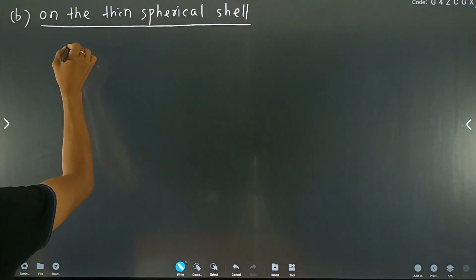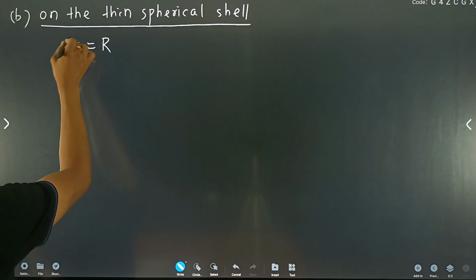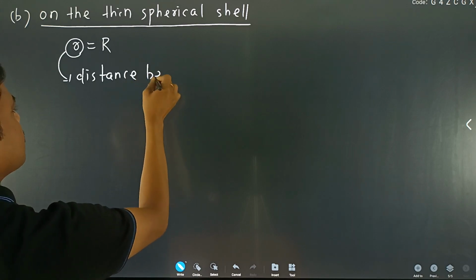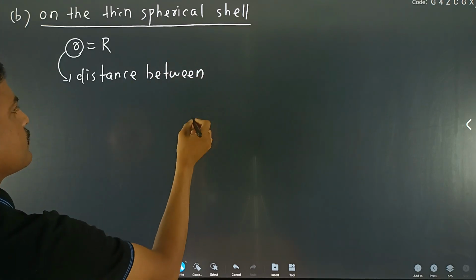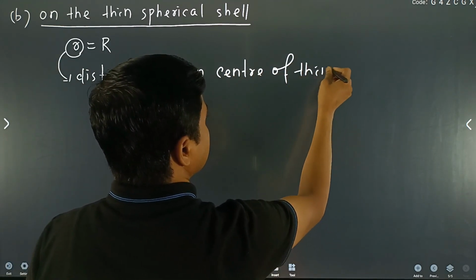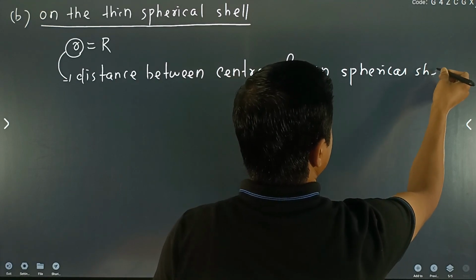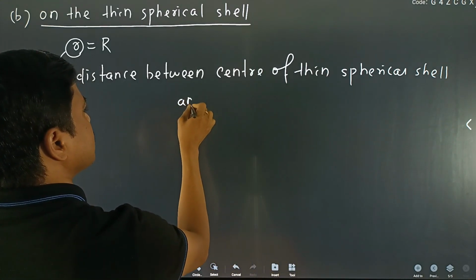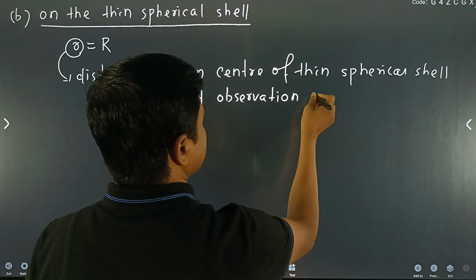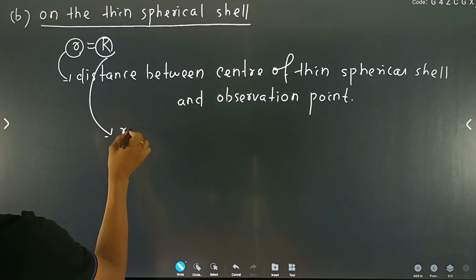And on the thin spherical shell small r is equal to capital R. Small r means this is the distance between the center of the thin spherical shell and the observation point. And capital R, that is the radius.